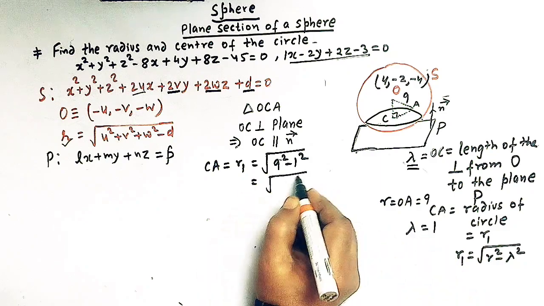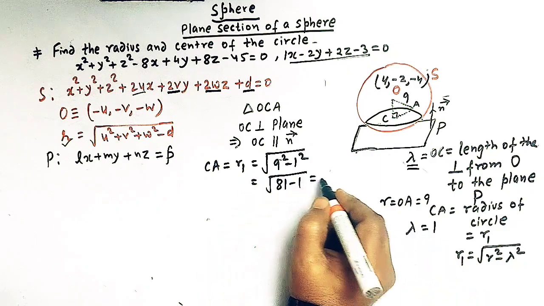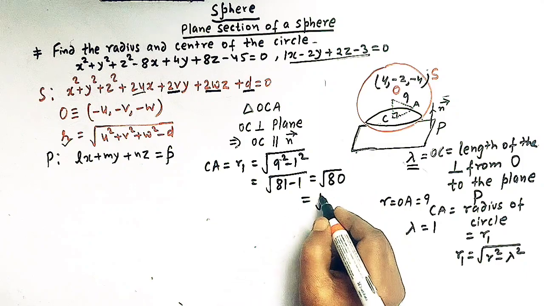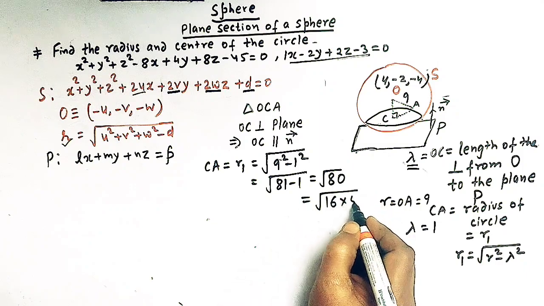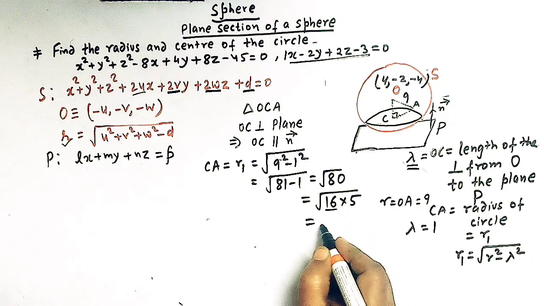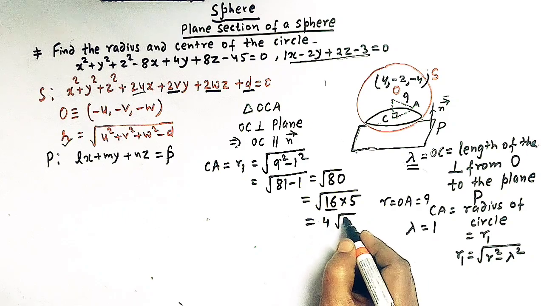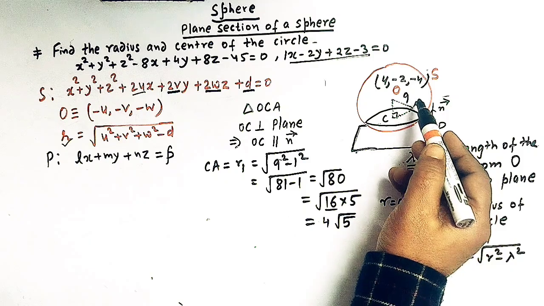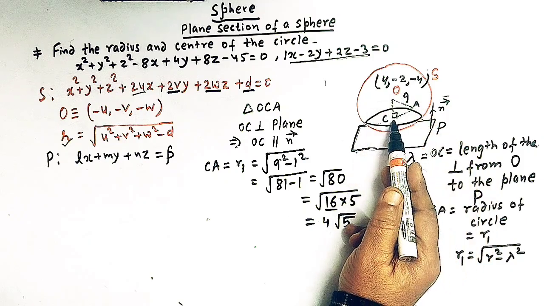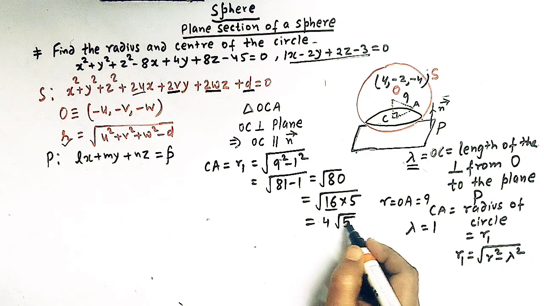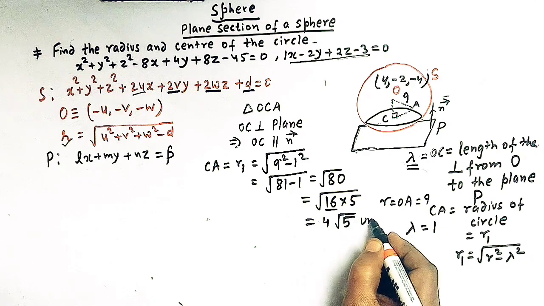So this is 81 minus 1, so this is square root of 80, and that is square root of 16 times 5. From here we can take 4, and this is 4 root 5, right? So the radius of the circle, that is CA, is given by 4 times square root of 5 units.